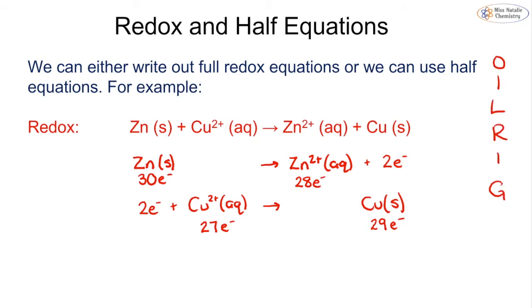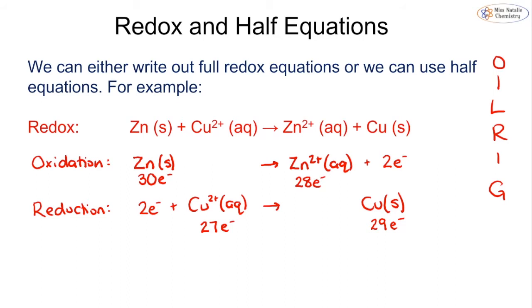So the oxidation is loss, meaning the zinc is the oxidation reaction, because I've gone from having 30 electrons to having 28 electrons. And that must mean that the copper is the reduction, which is the gain, because I went from having 27 electrons to having 29.